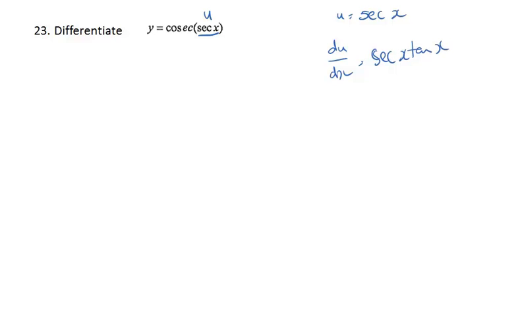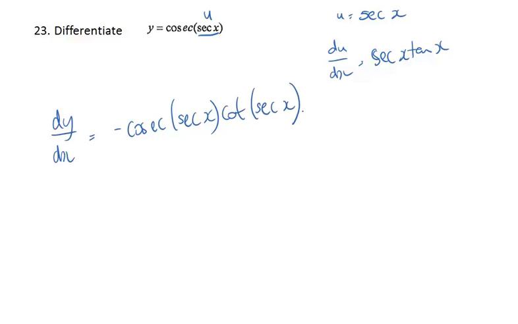So putting this into our original formula, dy on dx here will be negative cosec of the sec of x multiplied by cot of the sec of x multiplied by here our du on dx is sec of x tan of x there.